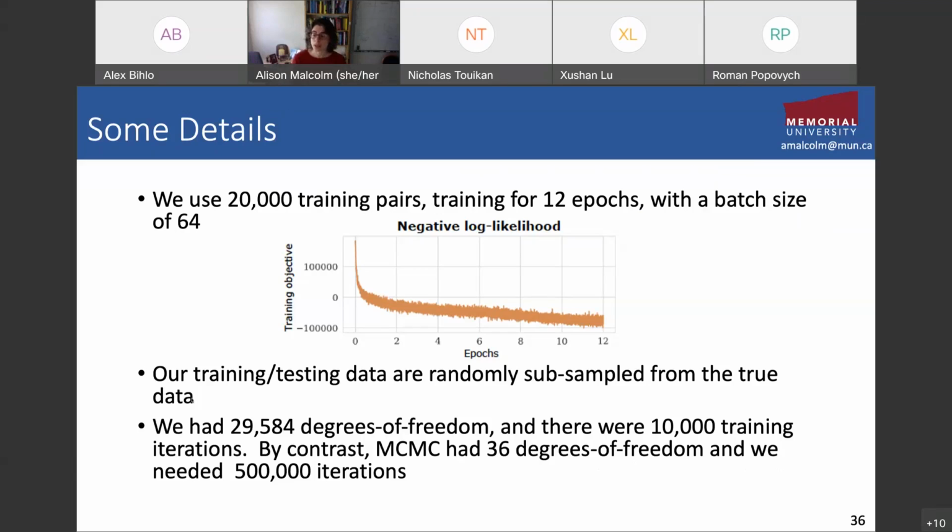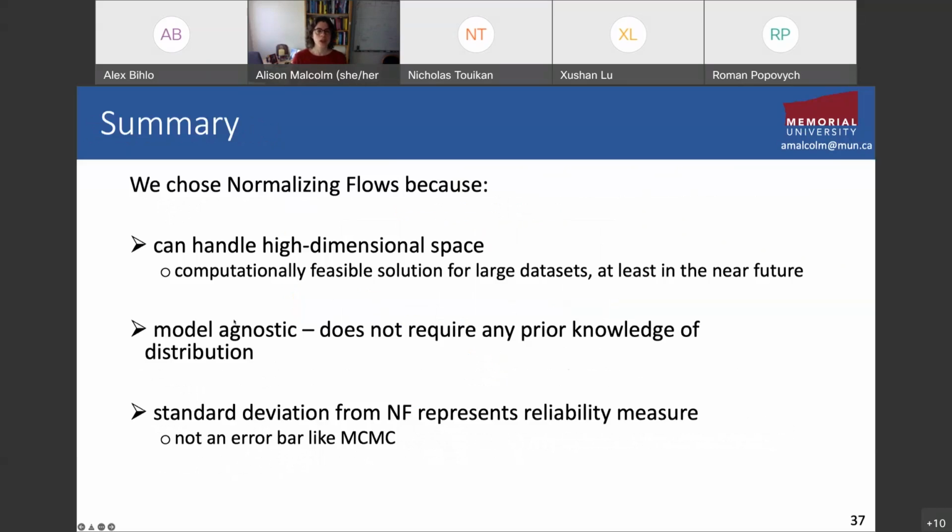And so this is what led us into normalizing flows to begin with, and it's certainly clear that this is a much more efficient way to sample our solution space and to understand the associated uncertainties than running straight through with Markov chain Monte Carlo. So we chose normalizing flows because they can handle a high dimensional space.